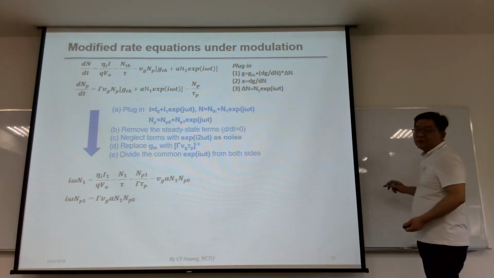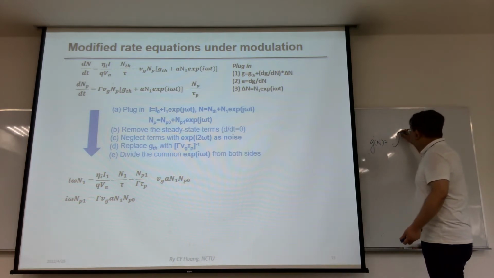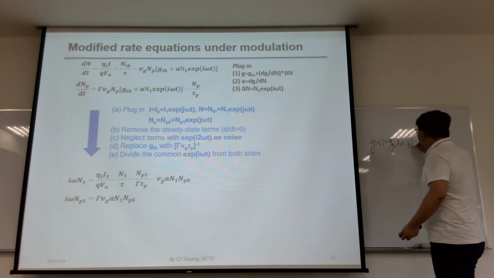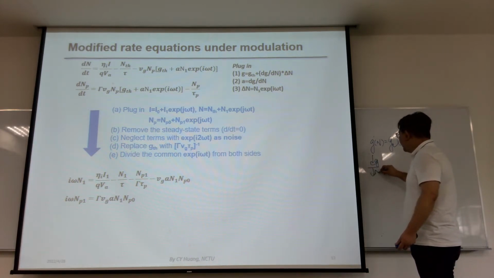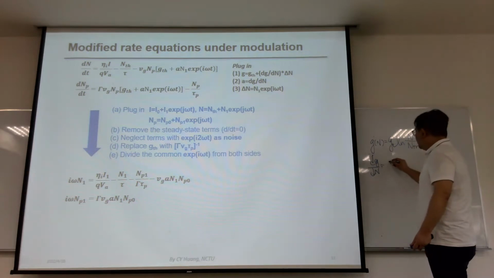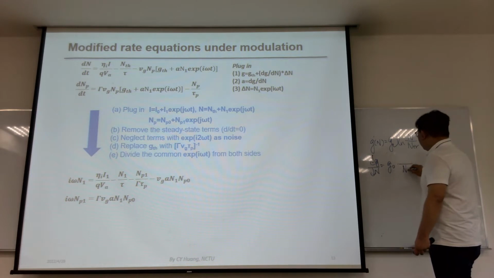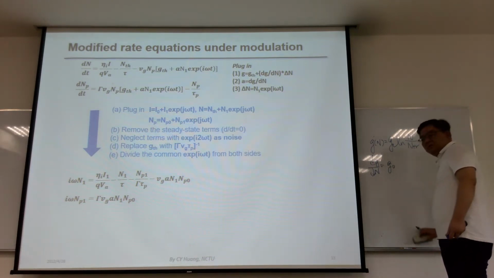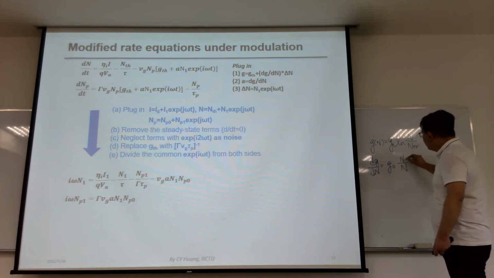in the empirical model, we write that g of n is g0 ln(n over n_ti). dg over dn is g0 times n_ti over n, in the exponent, so it's in the numerator with n over n_ti.